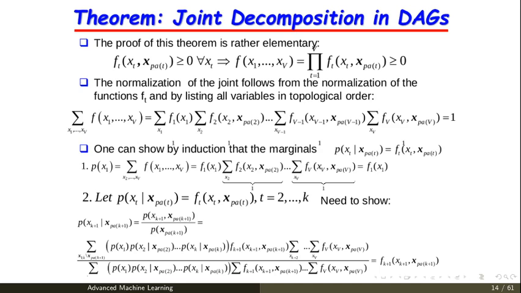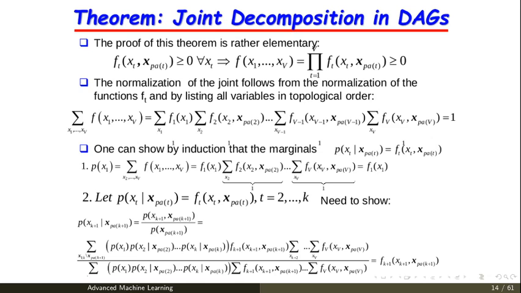And here I don't sum over x k plus 1 or the parents. From here to there I have to sum over all the previous nodes from 1 to k except the parents of k plus 1, which might be k or before.